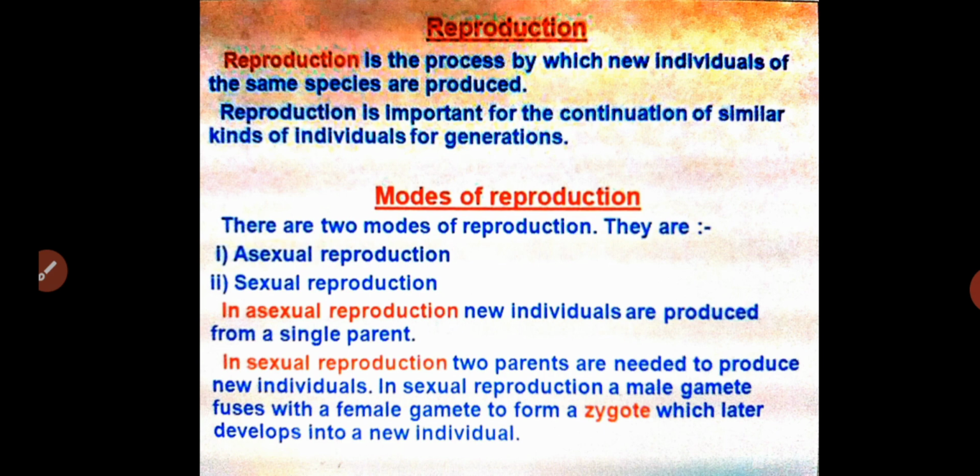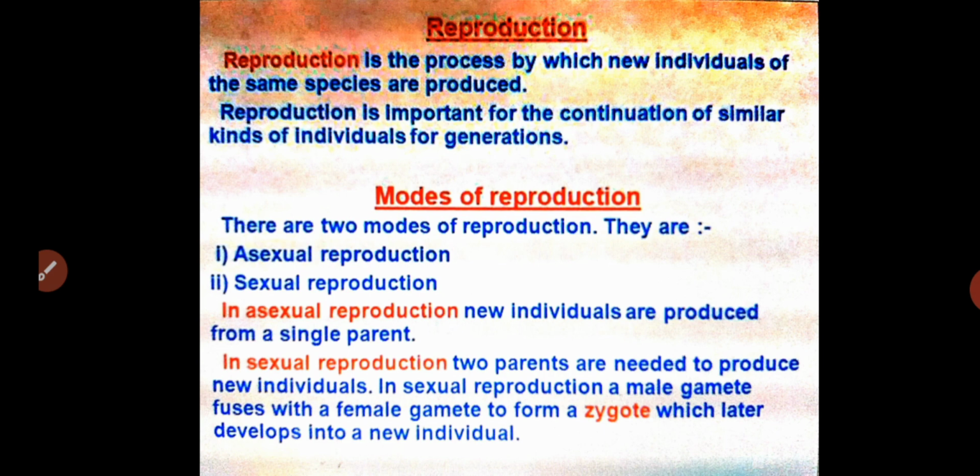In sexual reproduction, both male and female organisms take part in the reproduction, by making use of sex cells, also called gametes. That is what we call sexual reproduction. Similarly, in sexual reproduction, two parents are needed to produce new individuals.